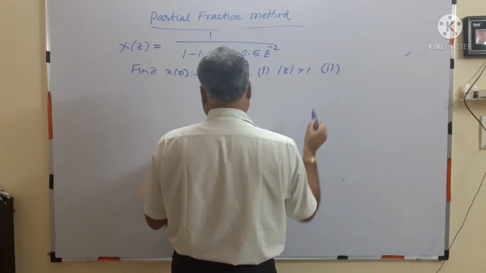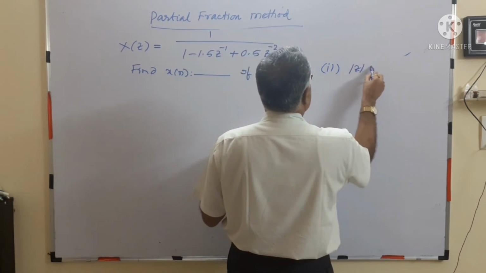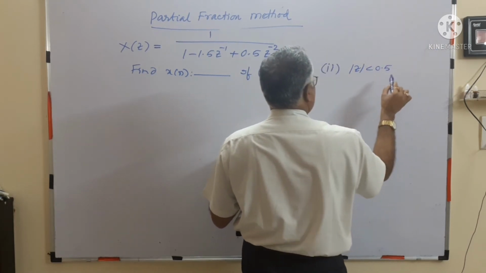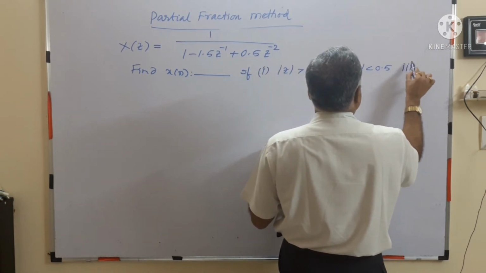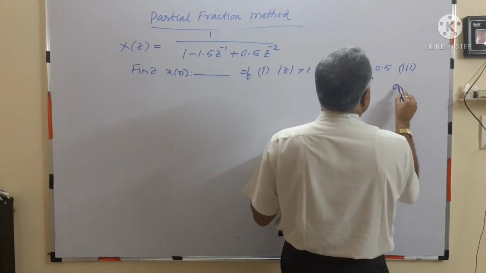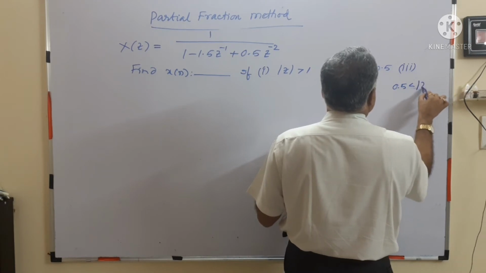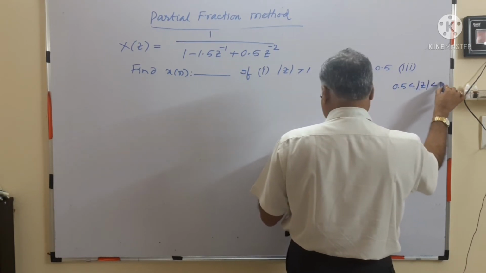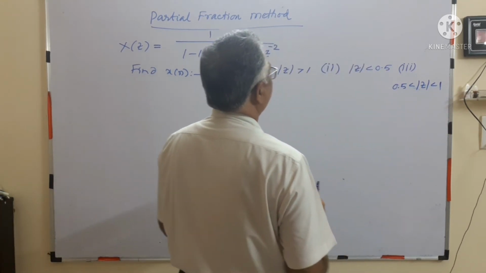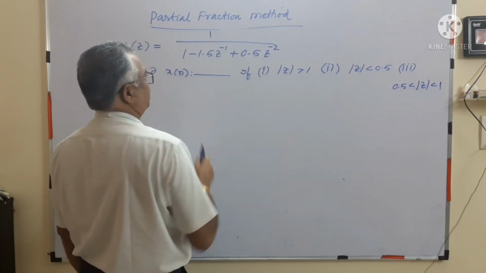Second case, mod z less than 0.5. Third case, between 0.5 and 1. So for 3 cases, how to find the X of n?